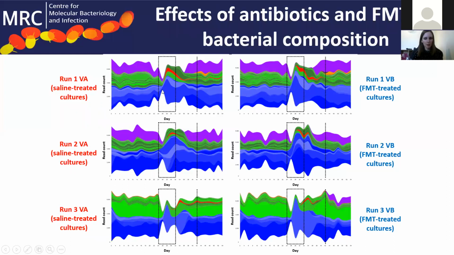So there's a sharp decrease in the growth of these gut microbiota members in response to antibiotics, and then you can see some of these resistant bacteria actually bloomed up. In other words, they didn't have as much competition as they might have had before antibiotics, so they were able to take advantage and expand within their niche. And then when we administer FMT, you can see some changes. It's a bit difficult to see in these just because there are so many different colors going on, but one really obvious one is down here, where we can see this bacteria that was introduced with FMT treatment.